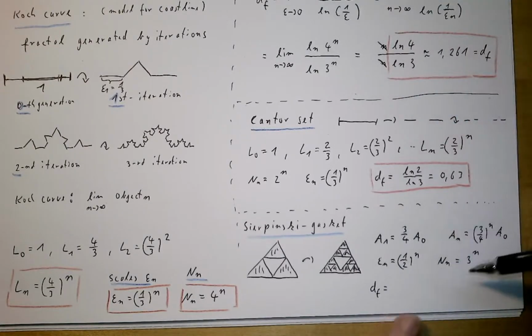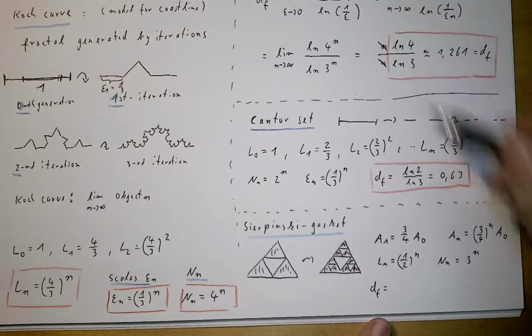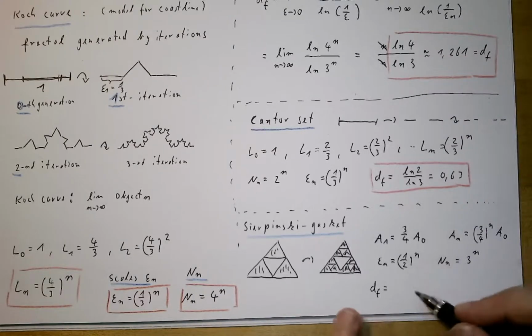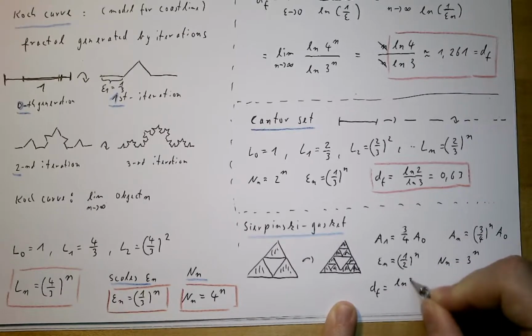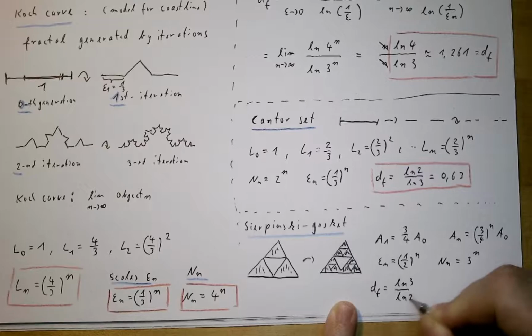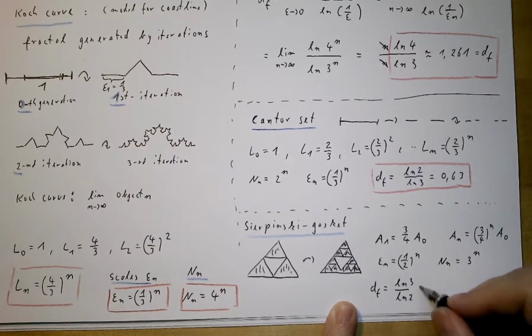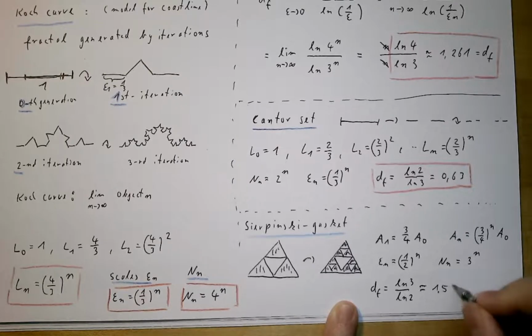So we have the number of objects we need to cover this, that's 3, and then we divide by the scale, which is 2 to the n, and so we see with the same arguments that we have here logarithm 3 divided by logarithm 2, and that's something like 1.58.